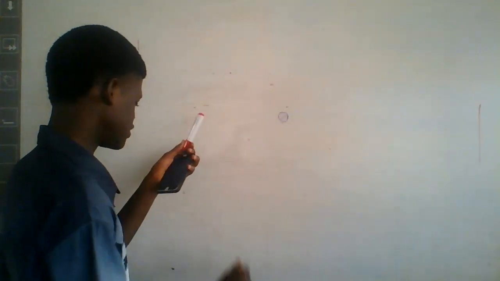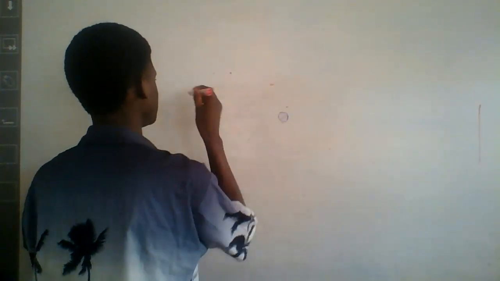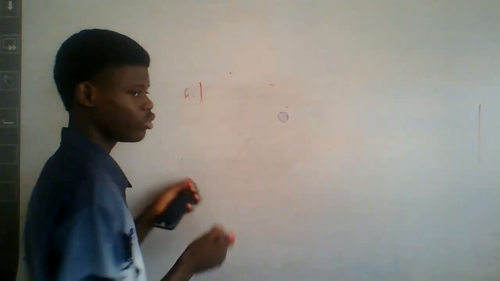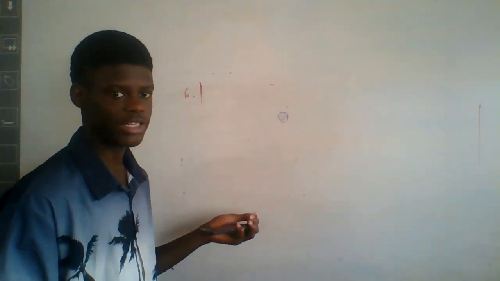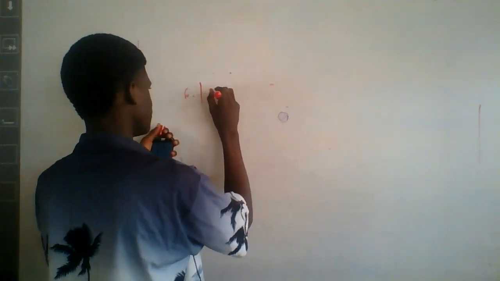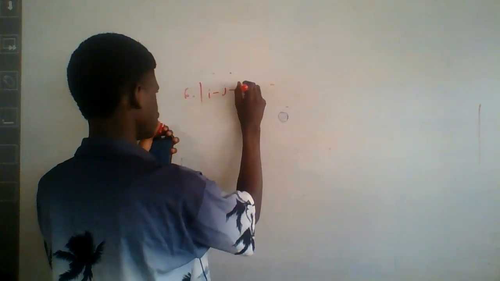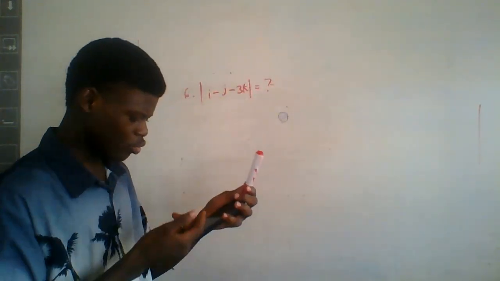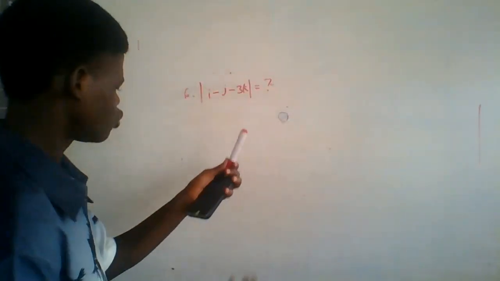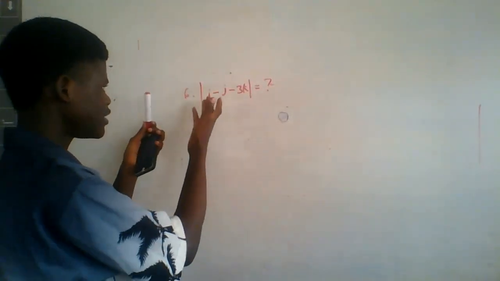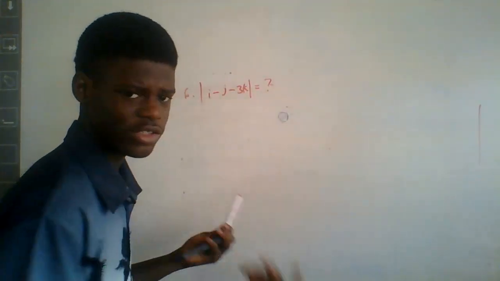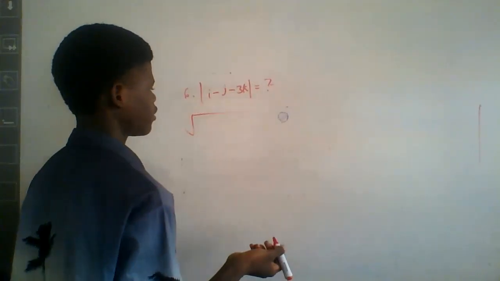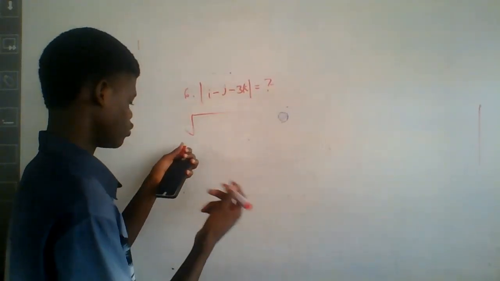So number six. This number six is a very tricky question, but it's not even that tricky. It's just testing your knowledge on magnitude. It said i minus j minus 3k is equal to. If you see this type of question, they are asking for the magnitude of this vector. And magnitude is very easy, as I've told you before, it is the square root of the sum of squares, just like Pythagoras.